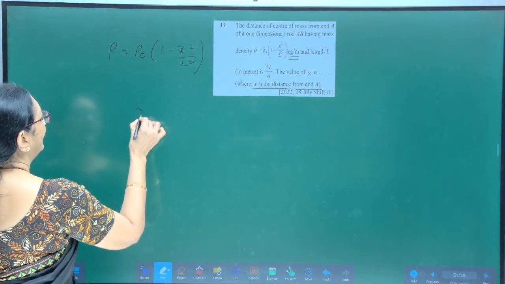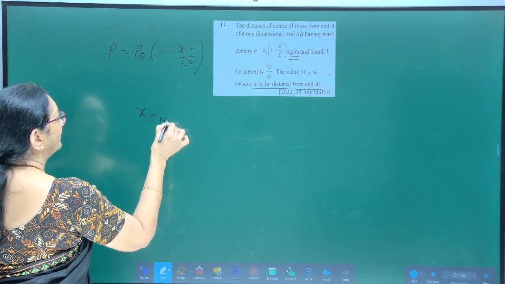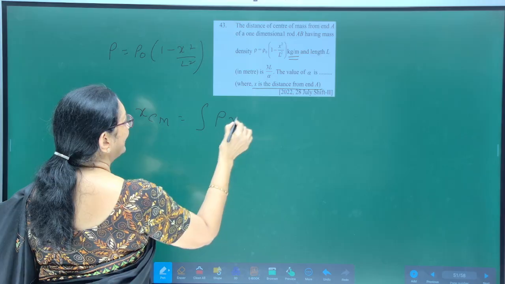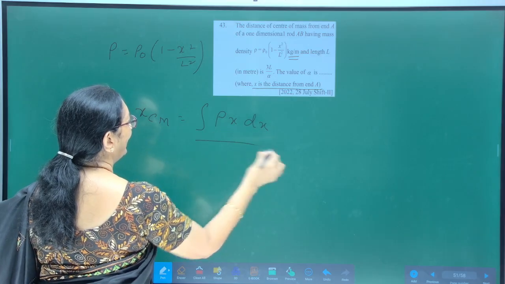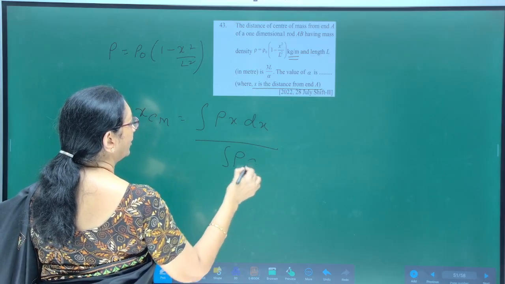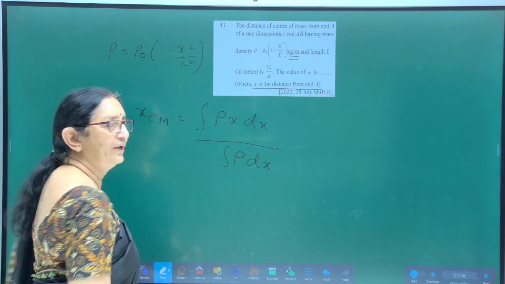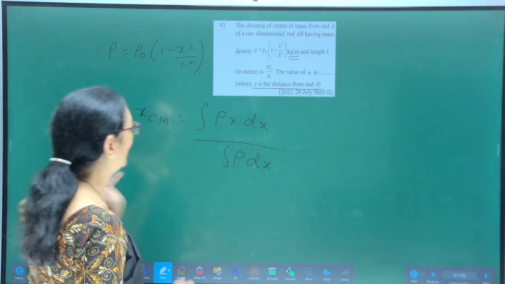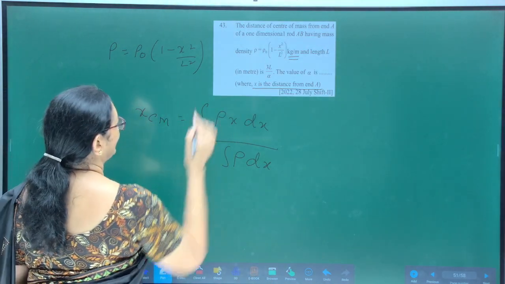See here, the x CM formula is integral rho x dx divided by integral rho dx, where rho is the linear mass density of the rod. Now let us substitute this here.